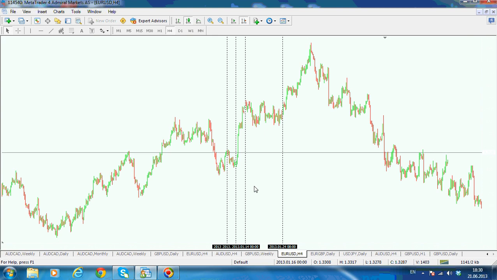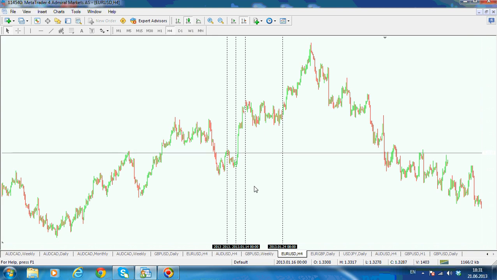When you're looking for price to alternate between the second and fourth waves, you should take into consideration more things, not only the price and the form, but also the time, the severity of the move, and also the intricacy of the move. That means the number of subdivisions present in each pattern.